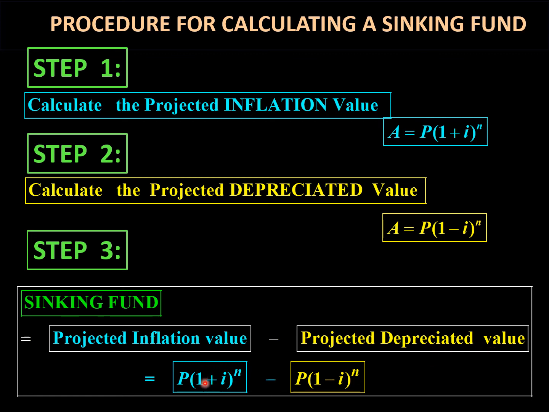So there we have the compound growth minus the reducing balance depreciation. That's the procedure we'll follow for working out a sinking fund. Sometimes you are asked to work it out step by step, or sometimes just to calculate the sinking fund. Then you have to know that you have to use these two procedures.